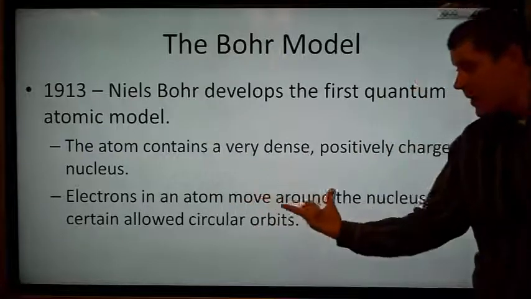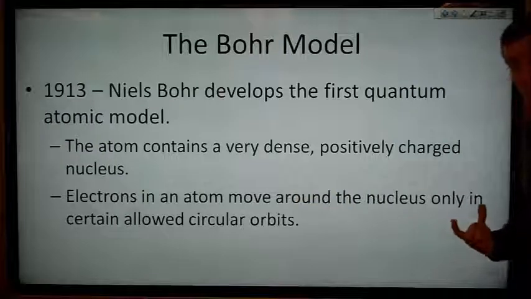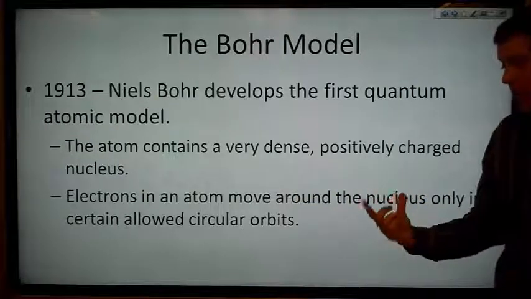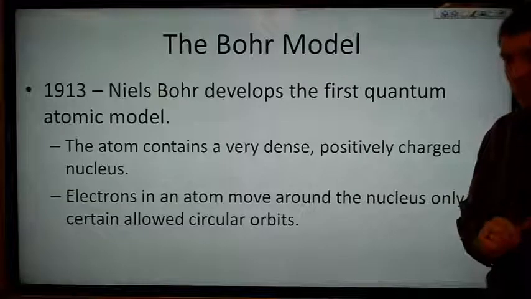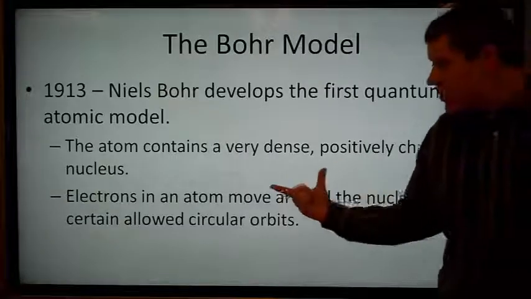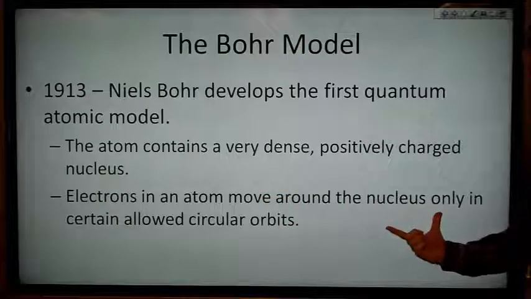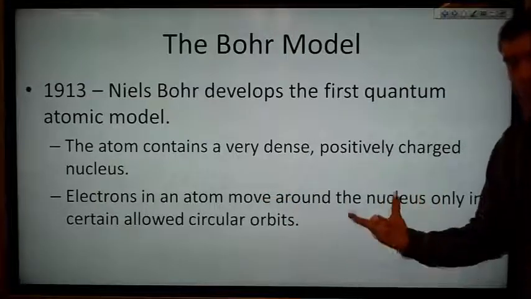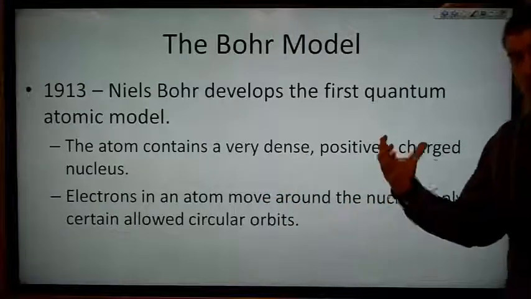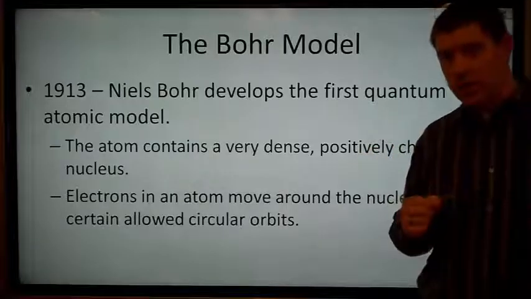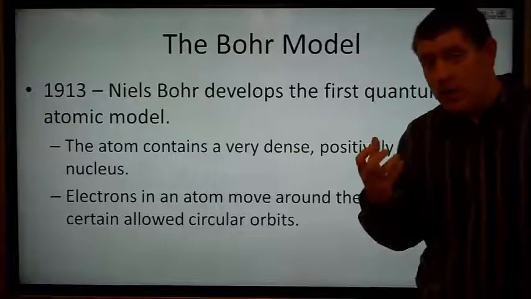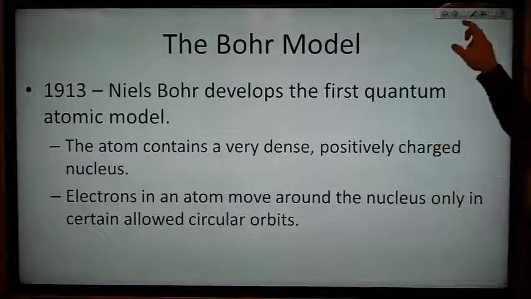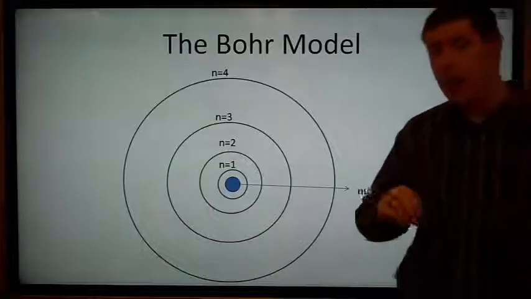But it also says the electrons in an atom move around the nucleus only in certain allowed circular orbits, or spherical orbits. So if they're only allowed to move in certain orbits, that then might explain those fixed energy differences that we see come out, those fixed line spectra that we see for different elements.